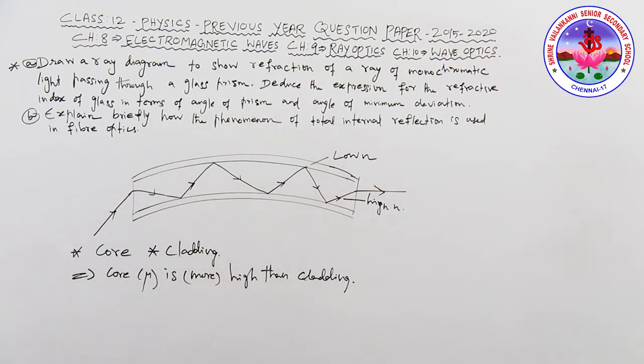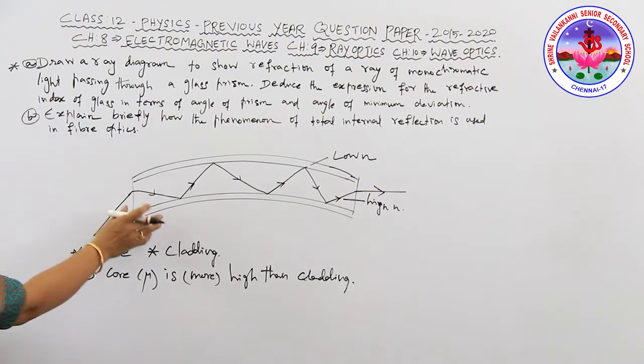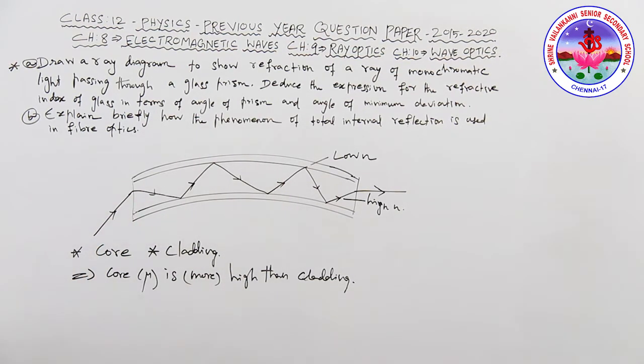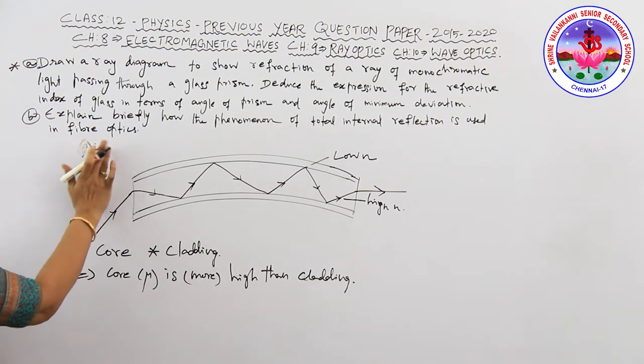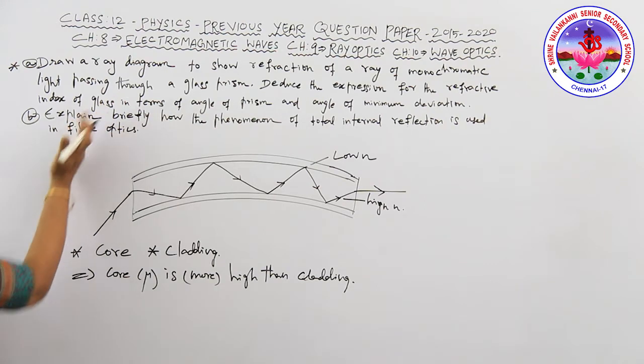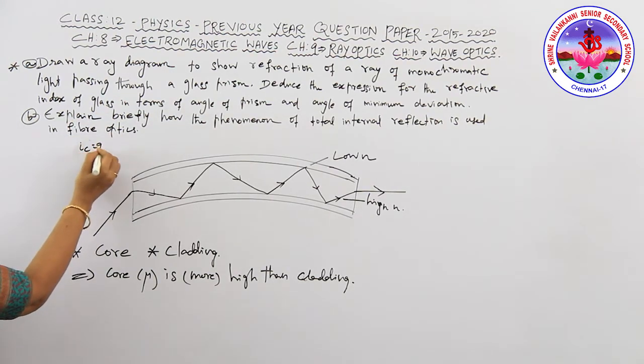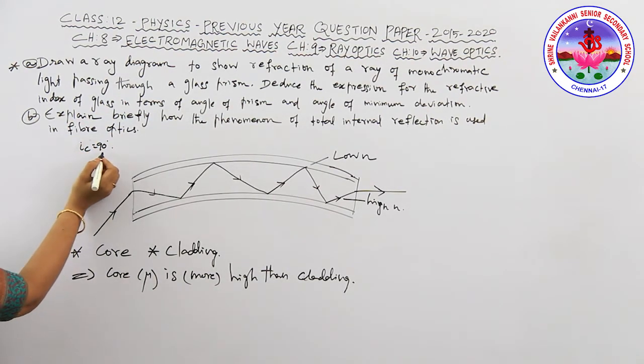So when a signal in the form of light is directed into the optical fiber at an angle greater than the critical angle, that is, i equal to ic or greater than that, where ic is the critical angle.